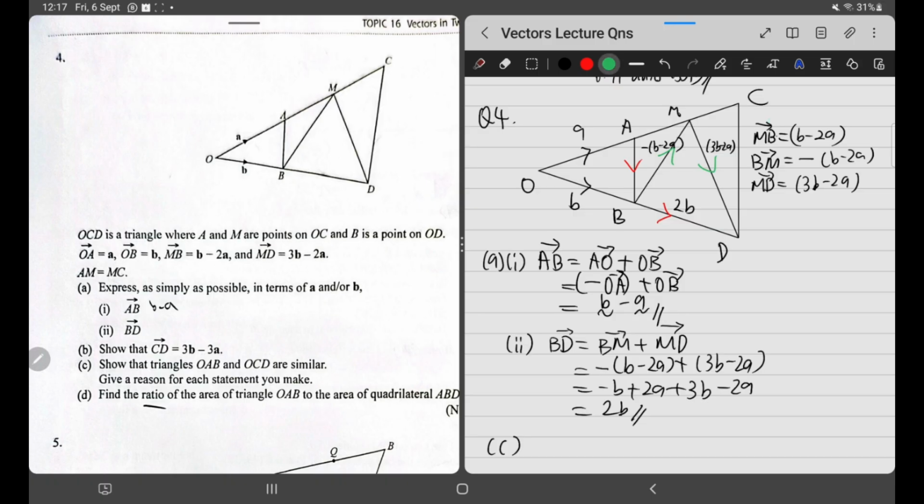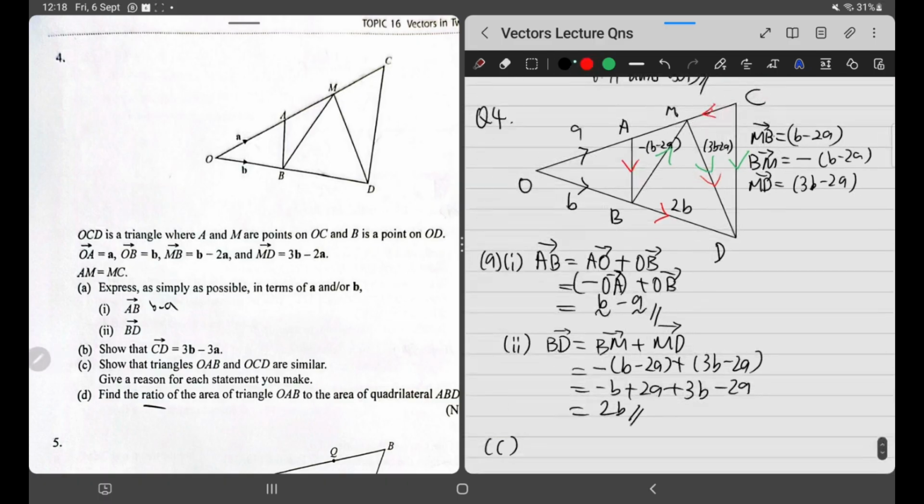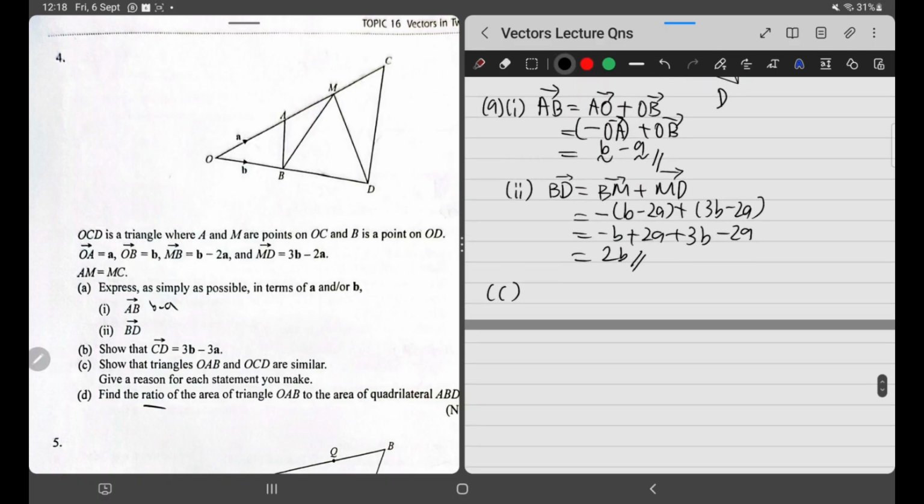So CD is this line over here. And if you want to walk from C to D, you can walk from C to M and then M to D, right? You already know what MD is. And the question tells you that AM equals MC, right?